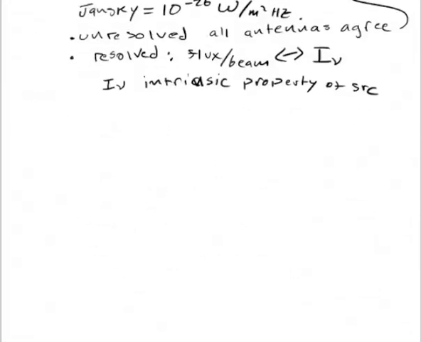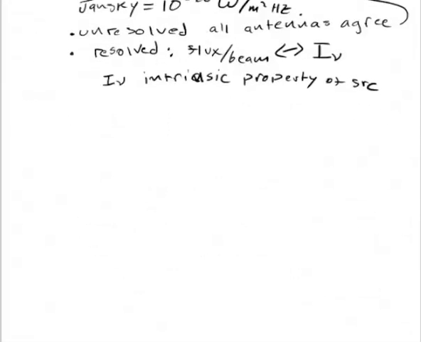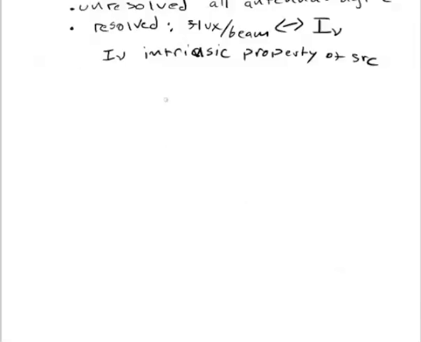Now let's talk about actually receiving the signal from the source in our telescope. In this case, we only receive what our antenna can catch. That is, we integrate the signal over the aperture of the telescope.